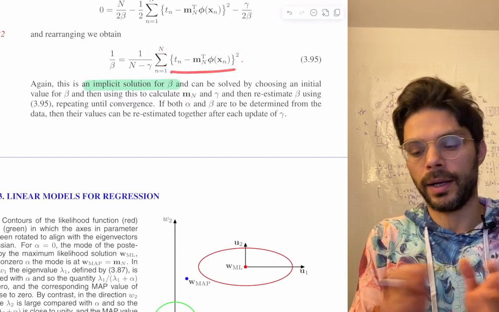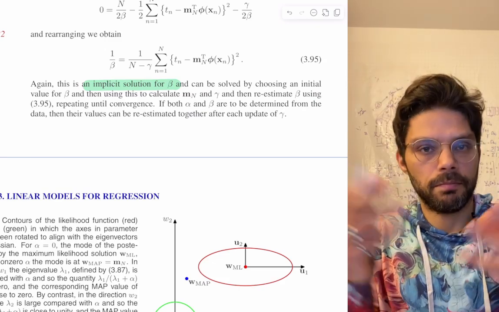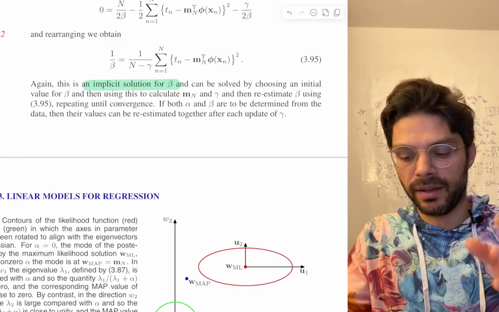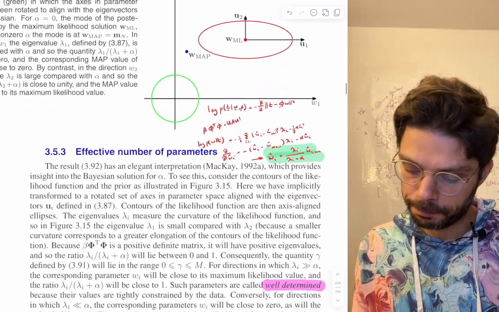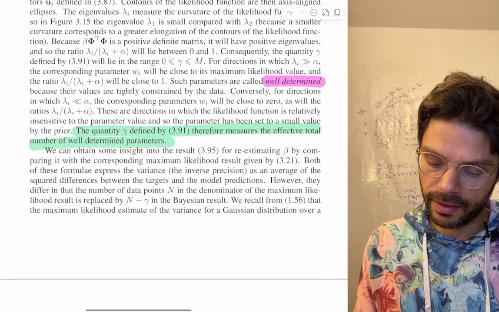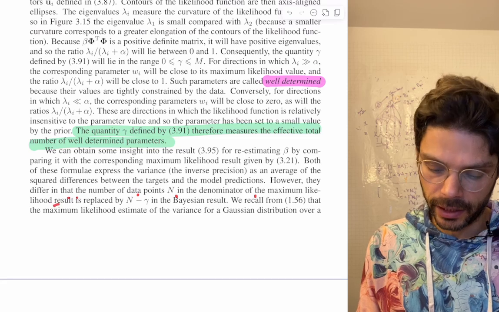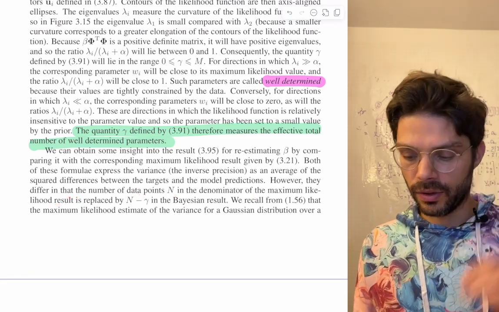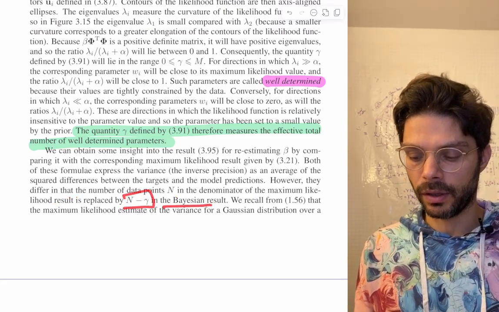You take some quantity minus its mean and divide by the number of items you're adding up. But we've got this adjustment term. However, they differ in that the number of data points N in the denominator of the maximum likelihood result, which is in 3.21, is replaced by N minus gamma in the Bayesian result.